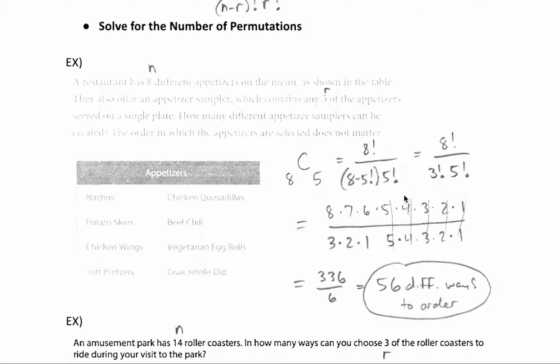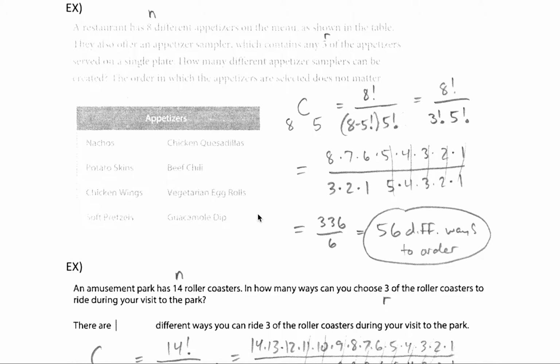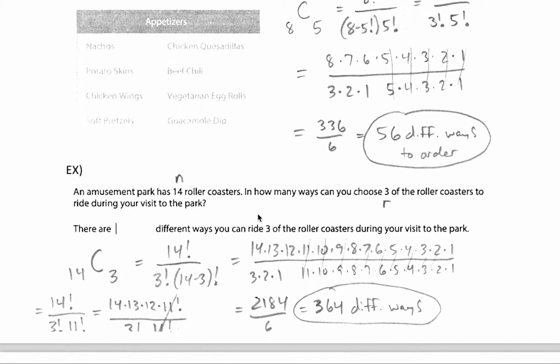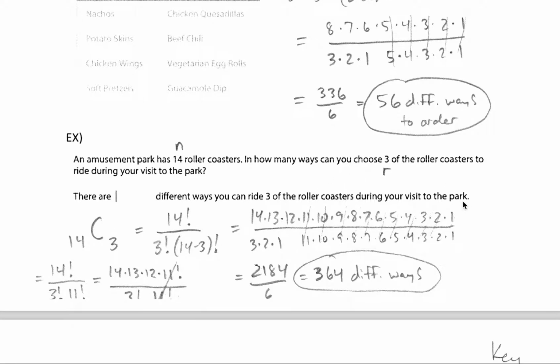So we're going to end up canceling 5 factorial on top and bottom, leaving behind 8 times 7 times 6 on the top, and 3 factorial, which was left over from the bottom, 3 times 2 times 1. So on top, multiplying those 3 numbers, we get 336. And on the bottom, multiplying those 3 numbers, we get 6. Divide it, and we get 56 different ways we could order this appetizer. So make sure you bring 55 other friends, and you could sample each of them.